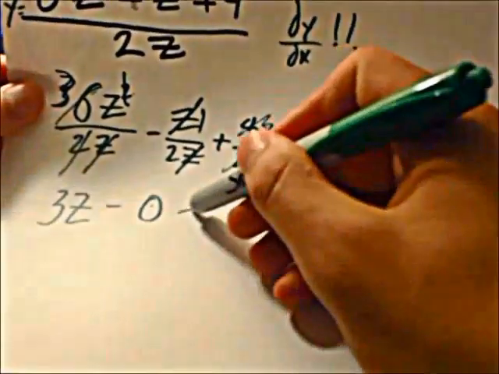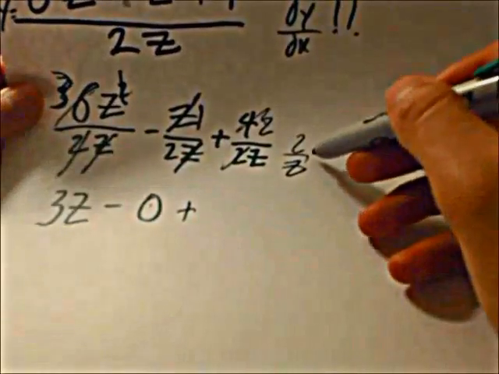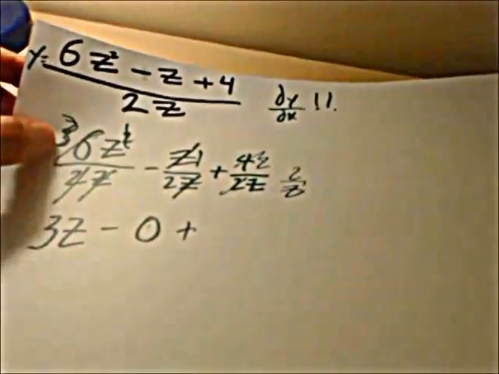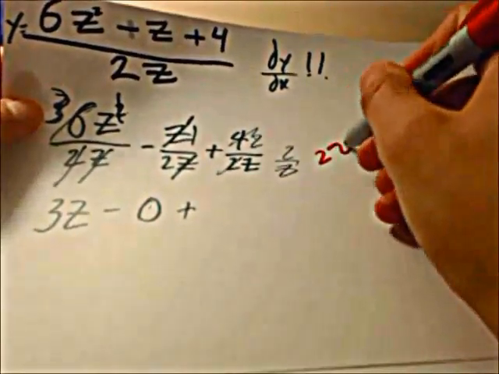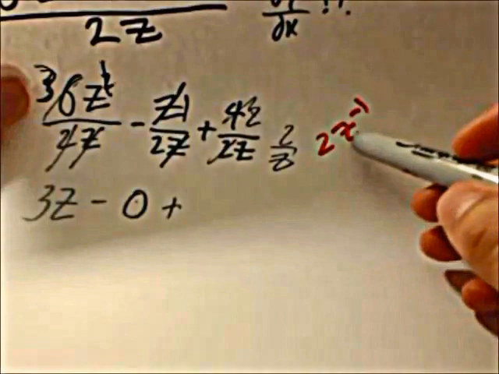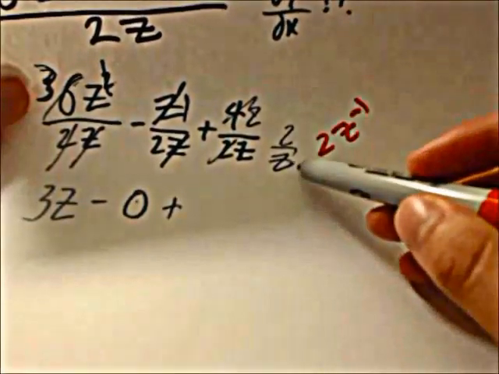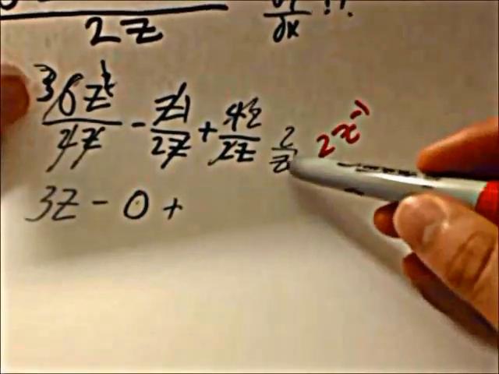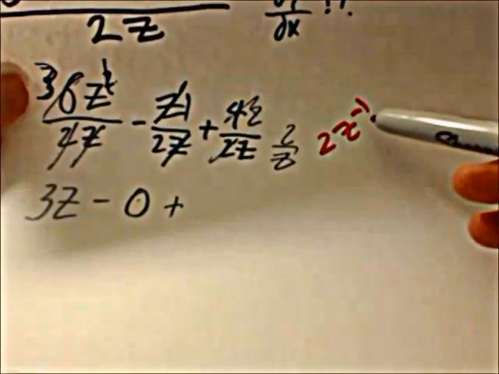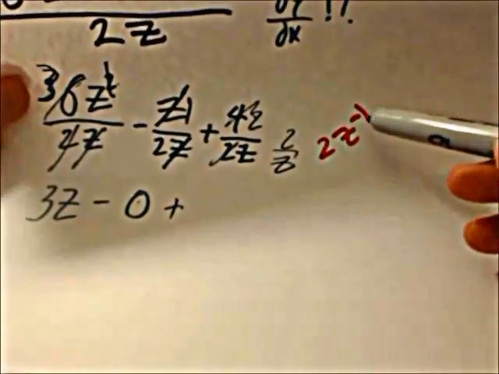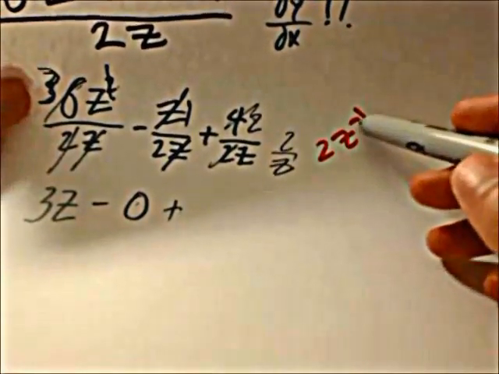And to differentiate that, we just change the form of the fraction, so we can write it down as 2 times z to the power minus 1, because if it's in the denominator, we put it up and change the sign of the power. Now we just take the derivative.